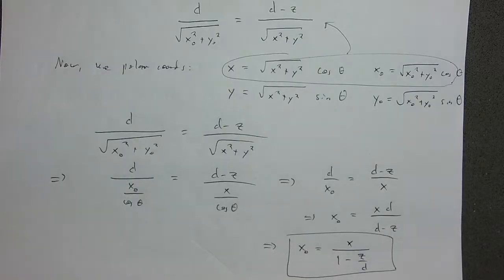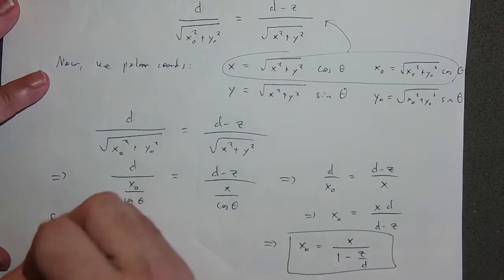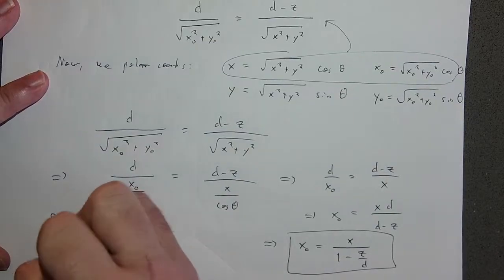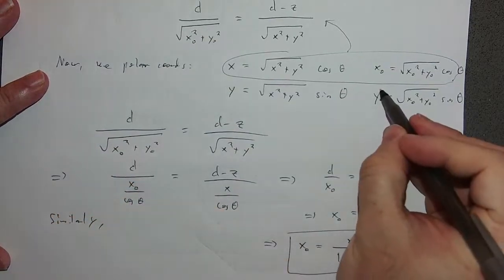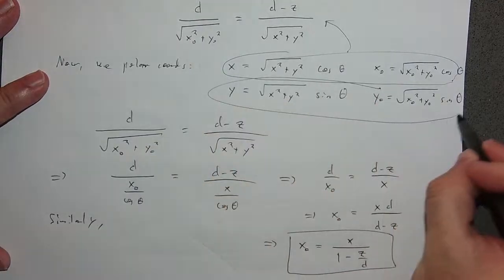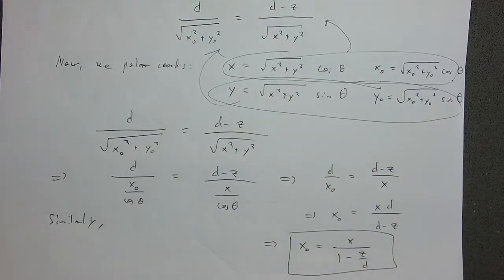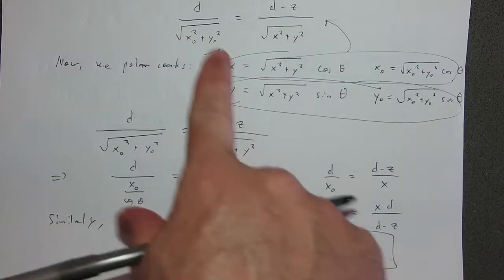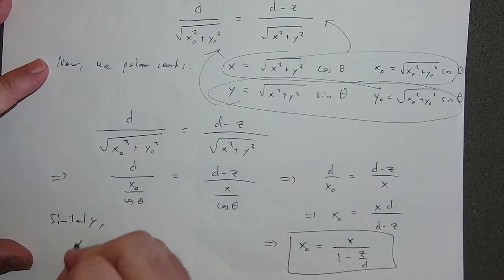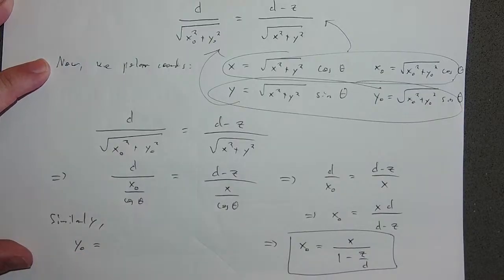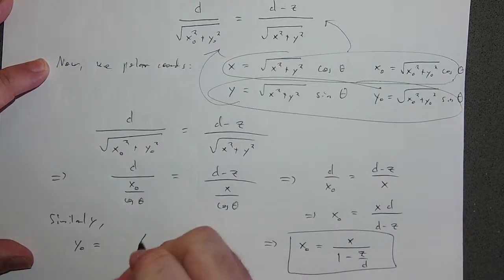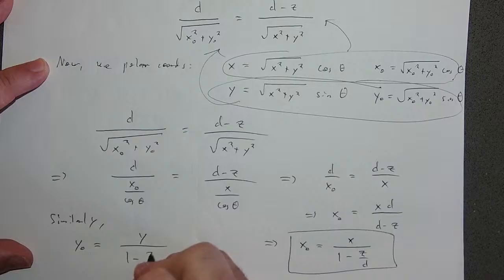Now, similarly, using the other two equations here, so using these two polar coordinate relations in the same equation, I get that y naught is y over 1 minus z over d.